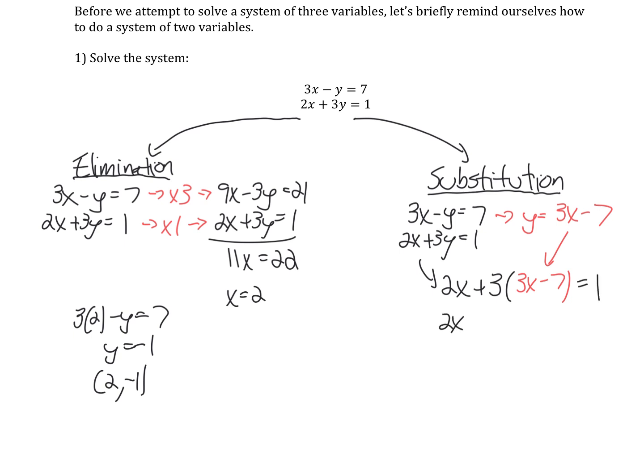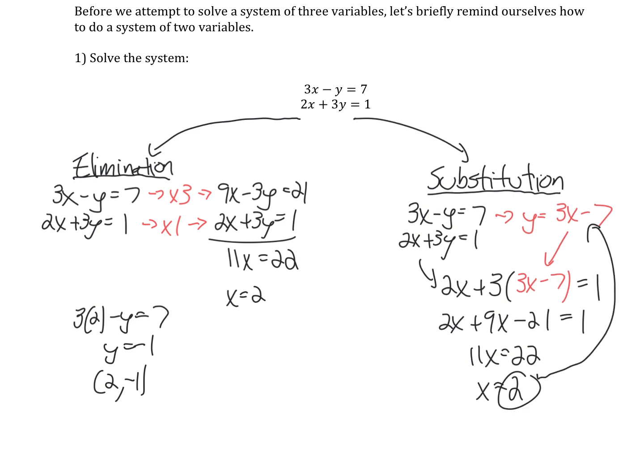If I simplify this, plus 9x minus 21 equals 1, I get the same thing. I get 11x equals 22, or x equals 2. And you can see we get the same thing again, and you would take that, plug it back in to this up here, and solve for y, and you'll see you get y equals -1, okay?